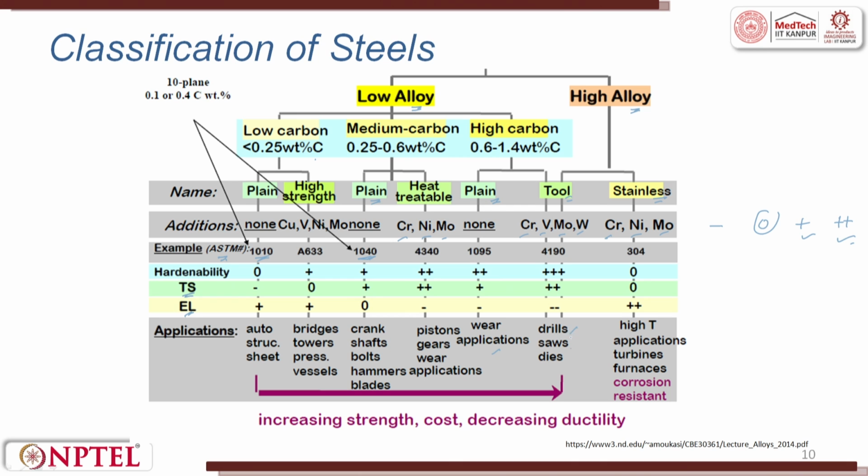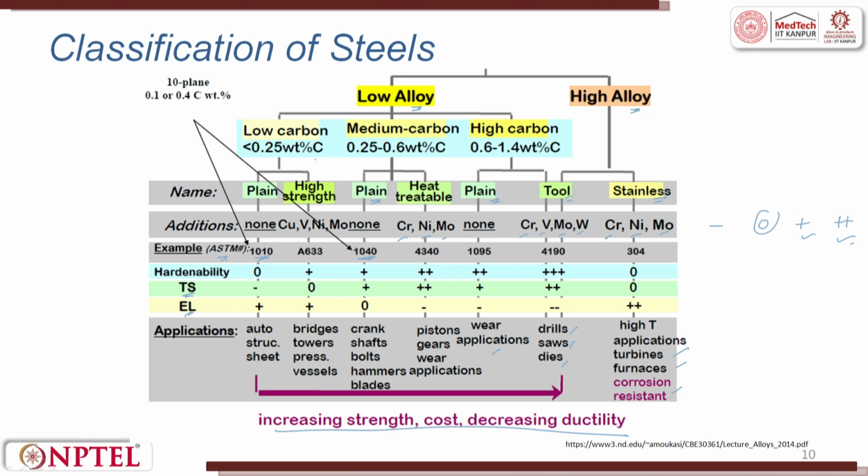Tools, we use in drilling tools, turning tools, dies are made out of tools from here. Stainless steel is used for turbine blades, furnace applications, corrosion resistance applications, and normal utilities in the kitchen. So, when we look into it, the strength increases, cost increases, ductility decreases.